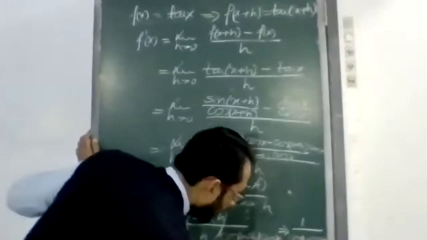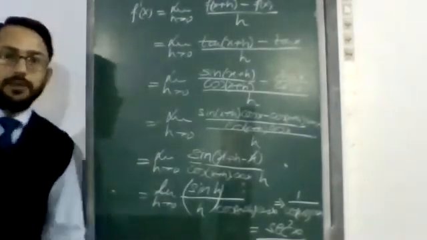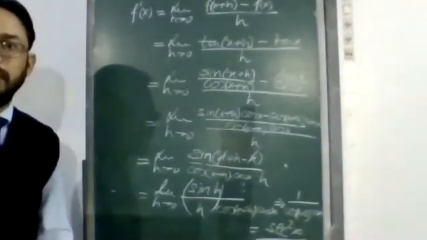So 1 upon cos square x can be written as sec square x. So the derivative of tan x will be sec square x. I suppose you will be able to do this also. It's simple, easy, as well as a good question from the examination point of view.